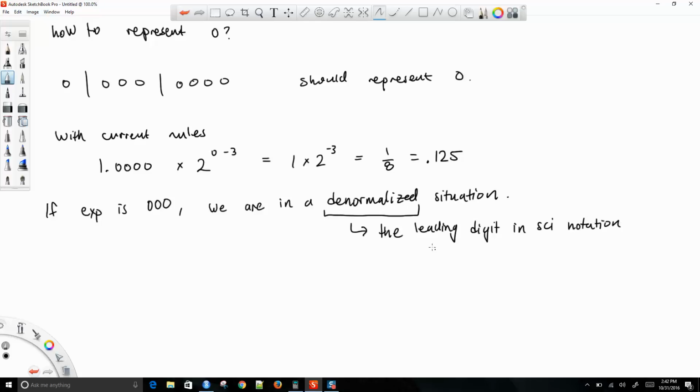That will happen only if the exponent is all 0. So in this case, it works. All zeros now becomes 0.000 times 2 to the 0 minus 3. I'm sorry, it's actually going to be 2 to the 1 minus 3. And this is going to be 0.